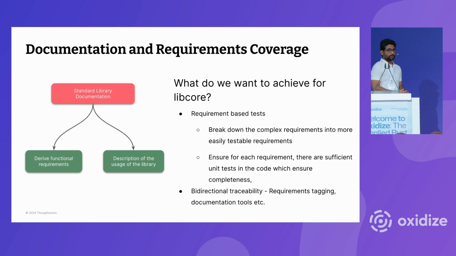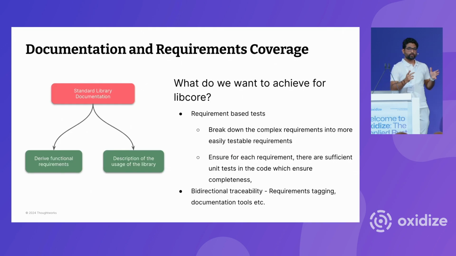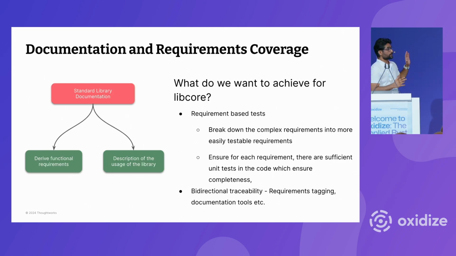Right, so let's go one by one. How can we approach documentation and requirements coverage? As I mentioned, Rust's core library is released as and packaged with the Rust compiler itself. And the standard documentation can be a guiding factor for defining the requirements in a formal manner.